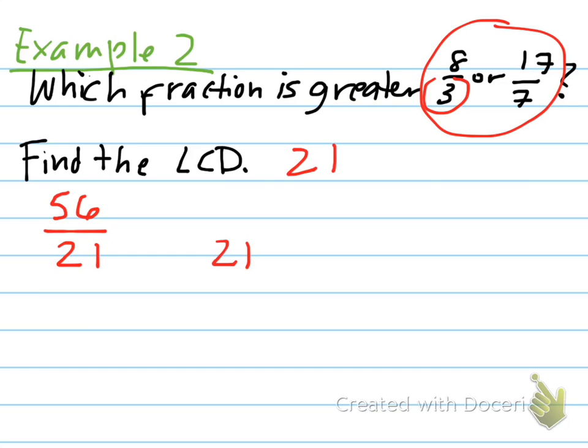And so we have the first fraction. Now over here, we have 7. How do we get from 7 to 21? Well, we multiply that by 3. So we're going to multiply the 17 by 3 as well. And 17 times 3 is 51. So now we can see which one is greater.